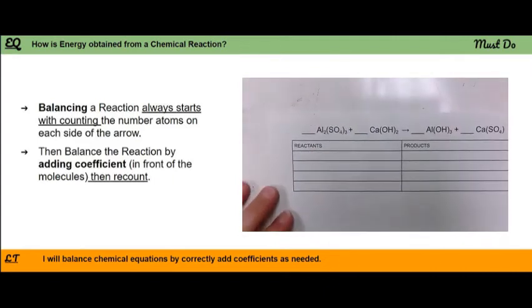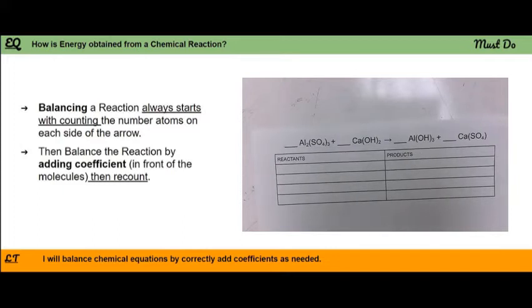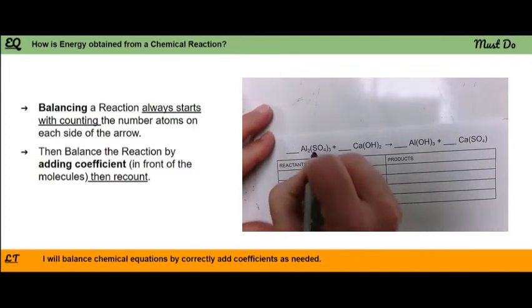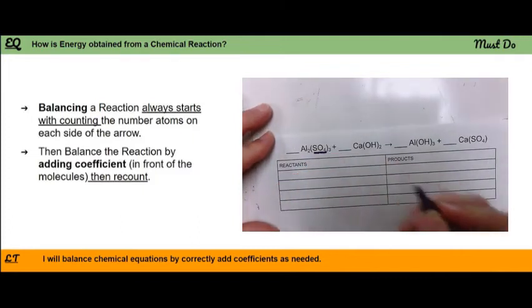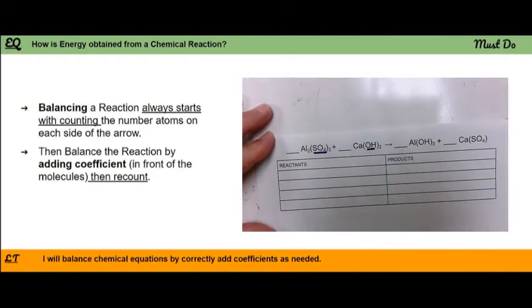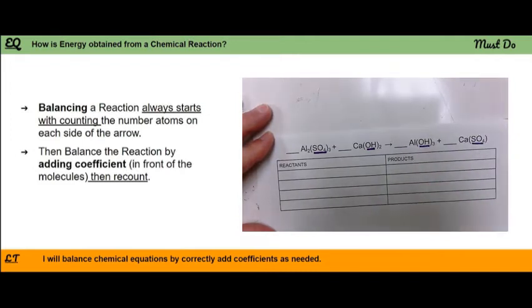All right, so here's the second one. And this one kind of gets to that idea of the polyatomics. You can group them. And so if we look, SO4 is a polyatomic ion, and OH is a polyatomic ion. And if we look on the other side, we have OH and SO4.